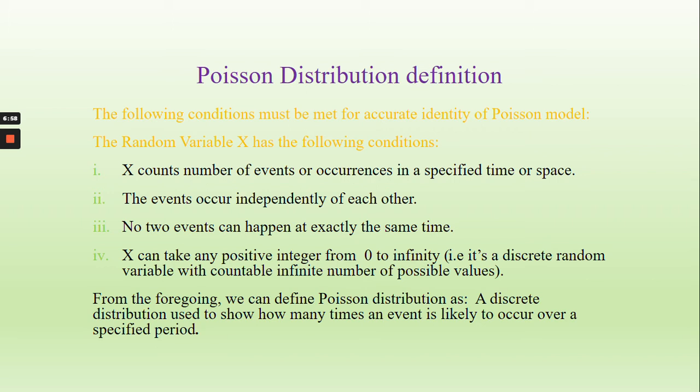You consider the probability of that event happening independently. For example, we can consider the probability of getting a head from maybe 10 throws of a coin. See that?